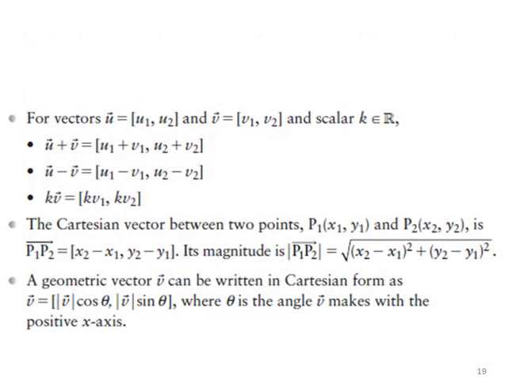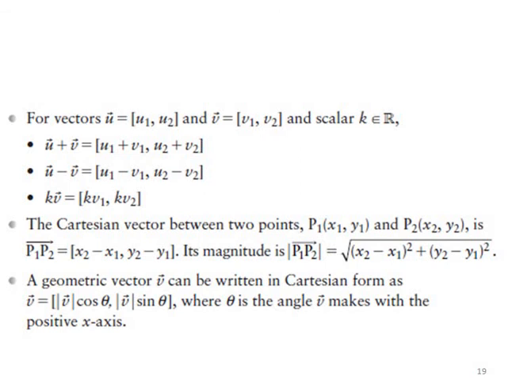For vector u containing u1 and u2 and vector v containing v1 and v2 and a scalar k, we can say vector u plus vector v equals (u1 plus v1, u2 plus v2). u minus v will be (u1 minus v1, u2 minus v2). And k times v is going to be (k v1, k v2).